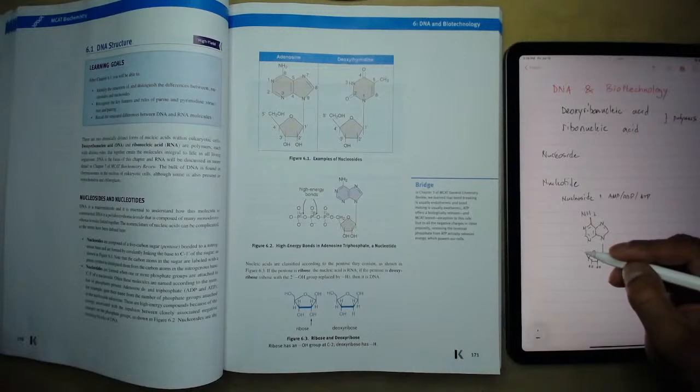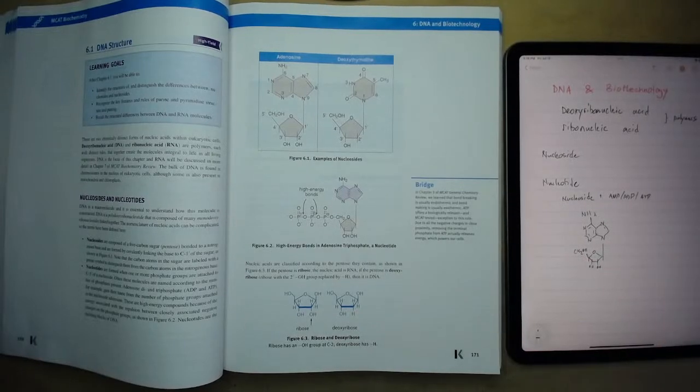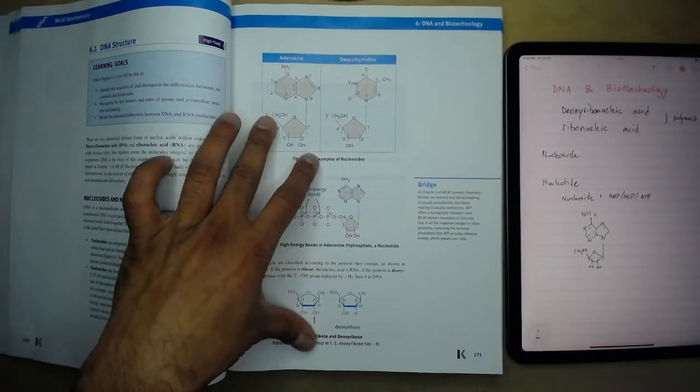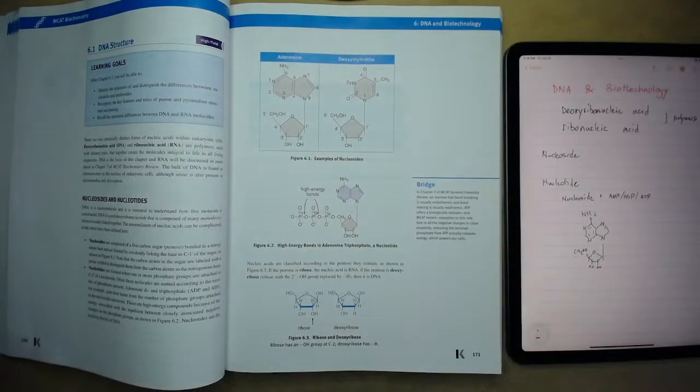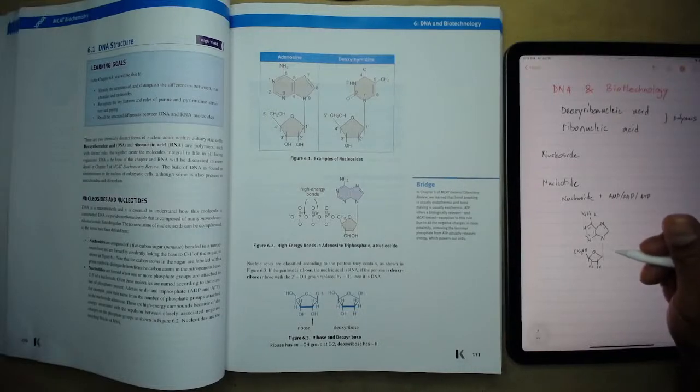And then a CH2OH over here, our last carbon. 5-carbon sugar. Furanose. That looks good.